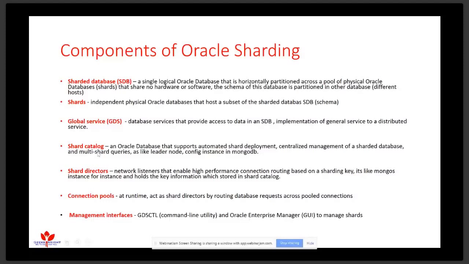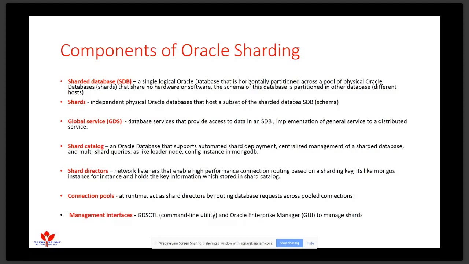And you also need the shard catalog, which contains the shard database. Shard directors listen to the connection of the sharding. This is like a router in MongoDB or any other similar thing. Directors will help you redirect your connection and your queries, read the metadata from the shard catalog, and then send that particular query to a particular shard.